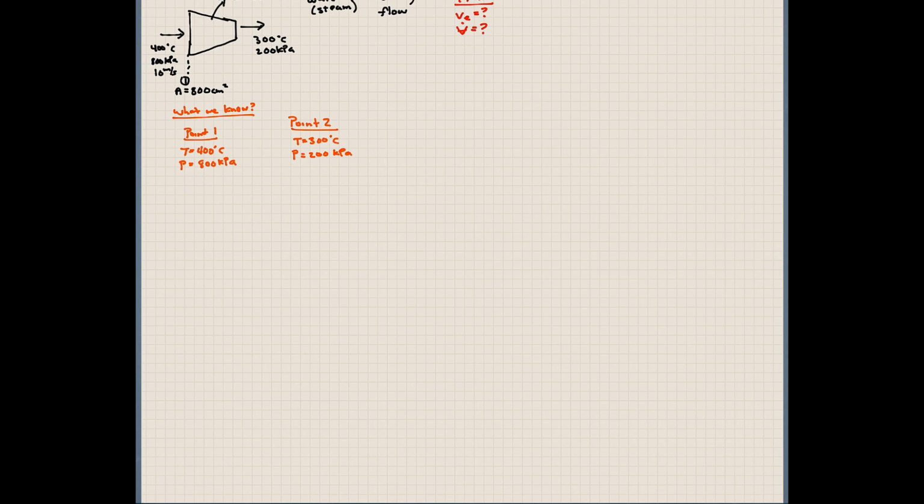We also know that the area at the inlet is 800 centimeters squared, and we know the velocity. Well, to me, if we're trying to find the exit velocity, let's see what we need. Let's think about what's in our toolbox right now and what we've talked about in the course. So let's write it down here.